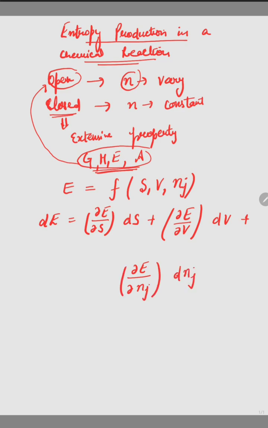Okay, so when we differentiate the first term, that is E with S, the other two parameters are kept constant, and in the second term we differentiate with V, S and Nj are kept constant, and in the last term when we differentiate with Nj, S, V and all other number of moles except Nj are kept constant. Okay, so the last term is written in summation.